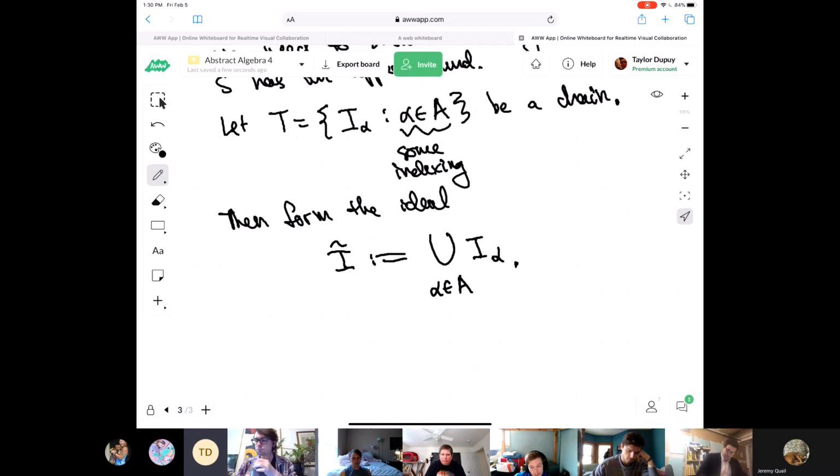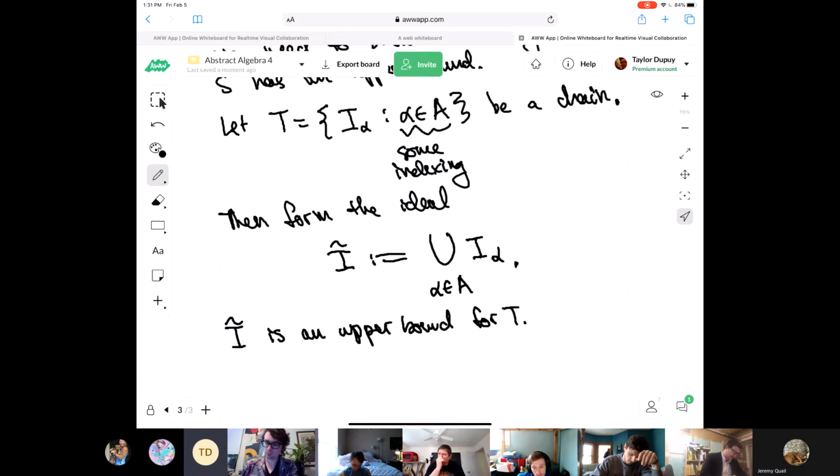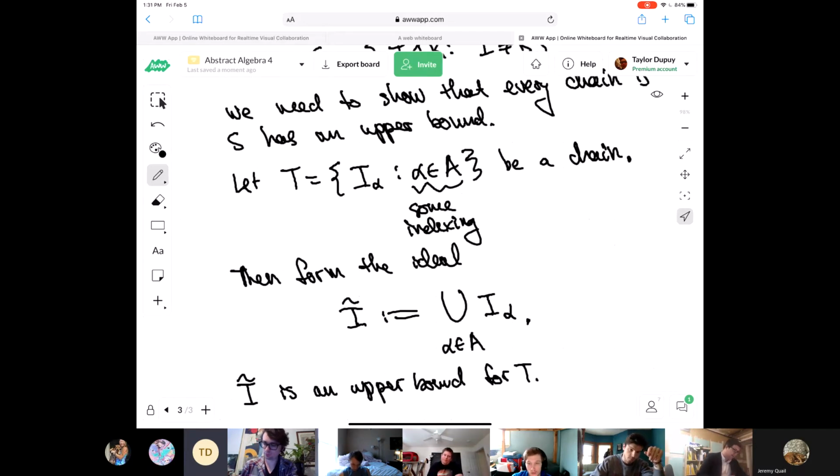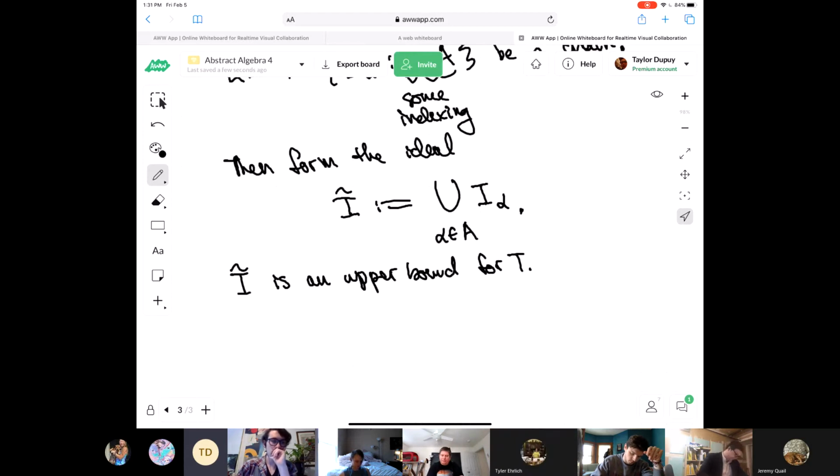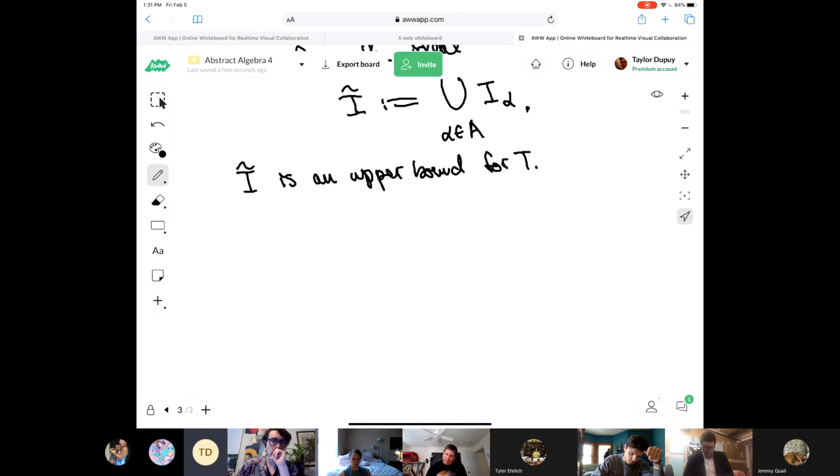Okay. So I tilde up is an upper bound for the chain T. So every element in here is less than this element. And so, of course, this partially ordered set is under inclusion. Okay, so what do we got?